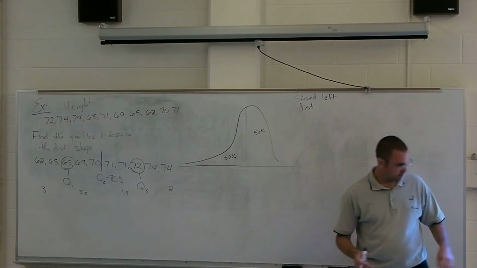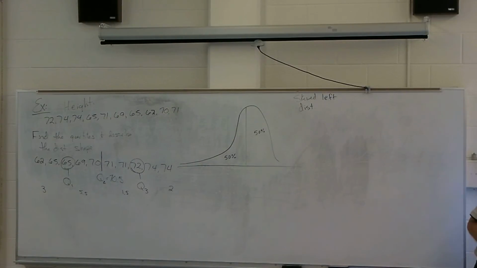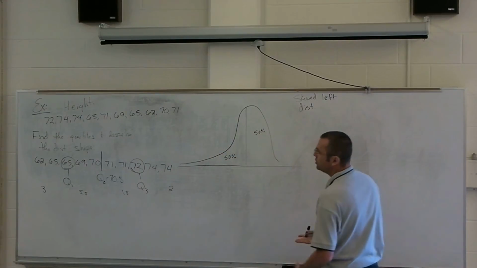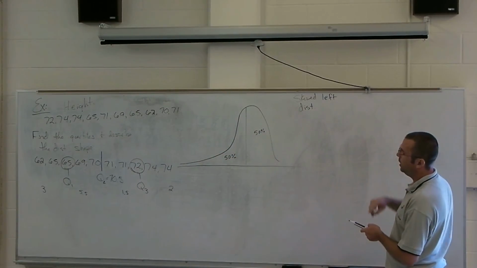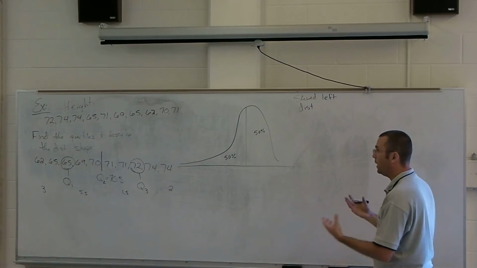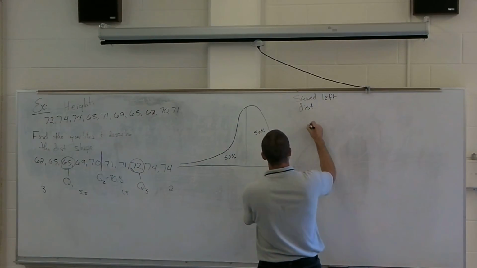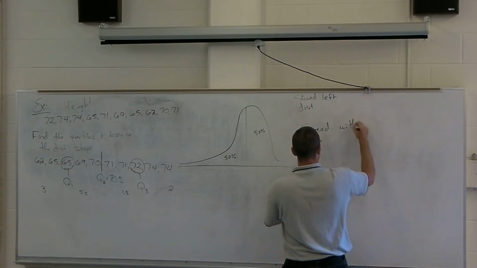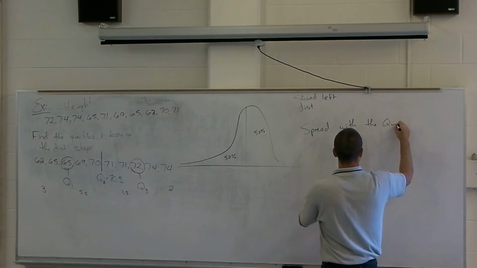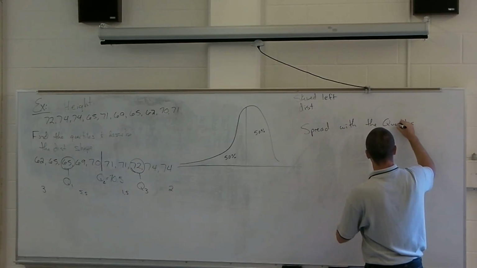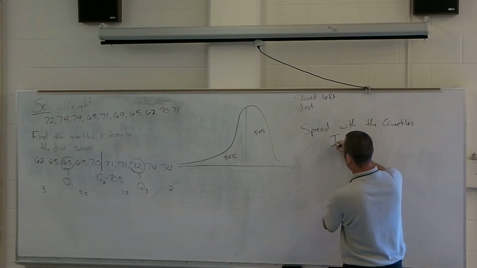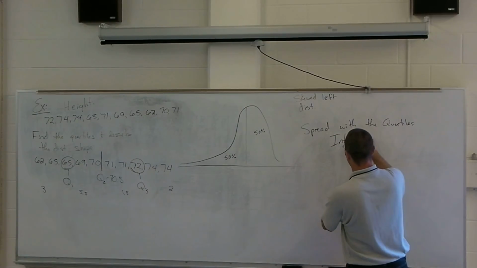So, what else can we do with this? We've talked about using these measures of position. We can also use these quartiles to talk about how spread out our data is. And when doing spread with the quartiles, we use what's called the interquartile range.